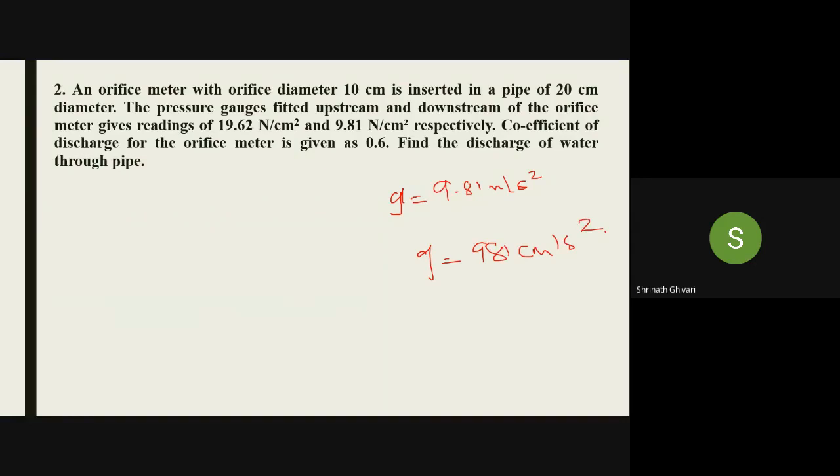That's why I'm telling you, if you are converting one thing, convert everything from centimeter to meter. Otherwise, keep centimeter and do the calculation. But you should not get confused over here, because with confusion on one point your answer will be wrong.